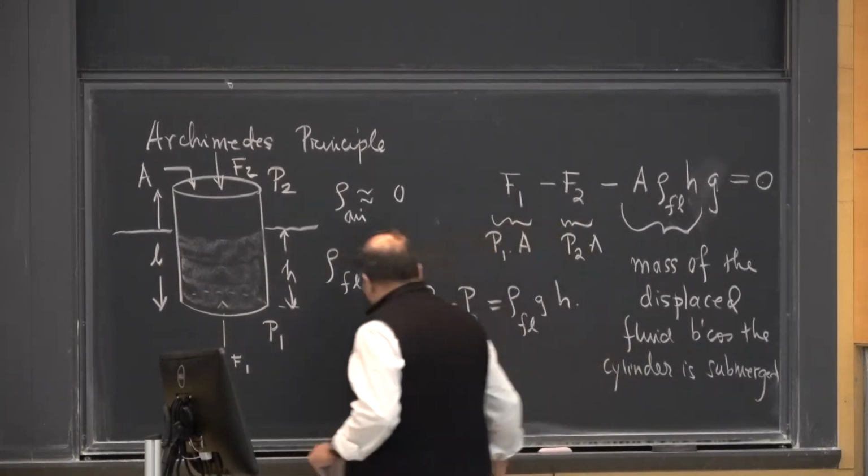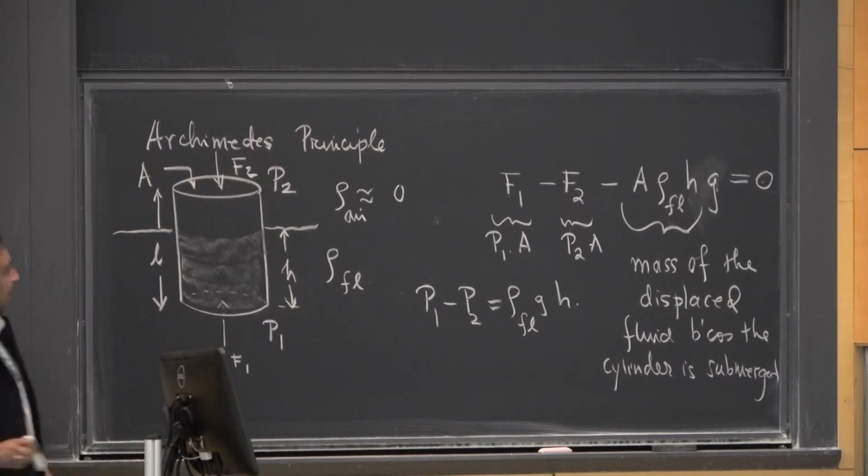So what is a buoyant force? A buoyant force actually is F1 minus F2. So this is the buoyant force.